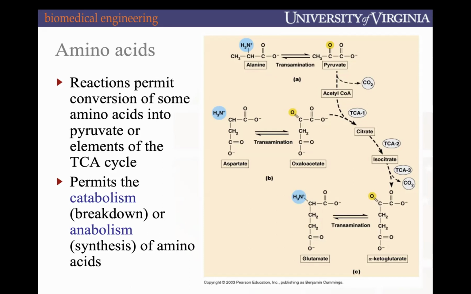For an example, we have alanine that goes under a transamination event to become pyruvate.